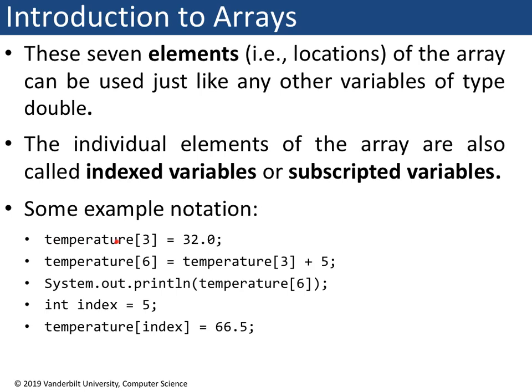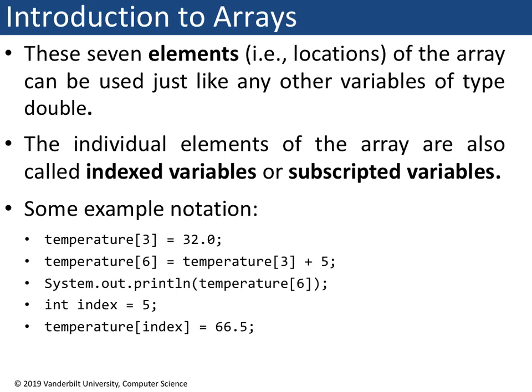We would say temperature, and we're going to store it in the 4th location, which would be the 3rd index. So temperature index 3, and then we're assigning it the value 32.0. So now the value 32.0 is stored inside our array at index 3.